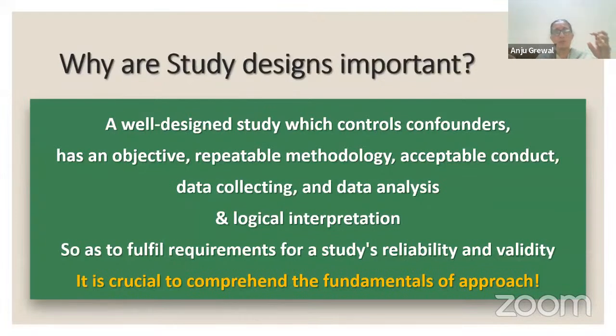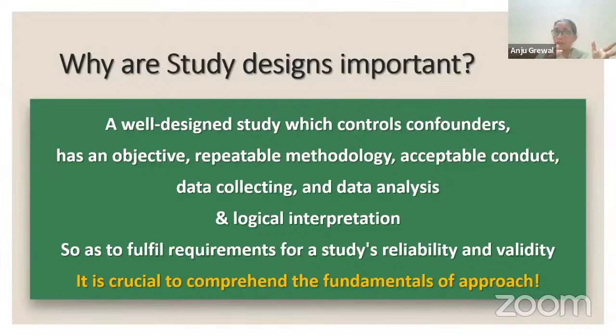So we have two elements: a kind of intervention or some kind of variable, and then your outcome. In between these two, there would be many factors that would be affecting what your outcomes would be. Those would be called confounders.